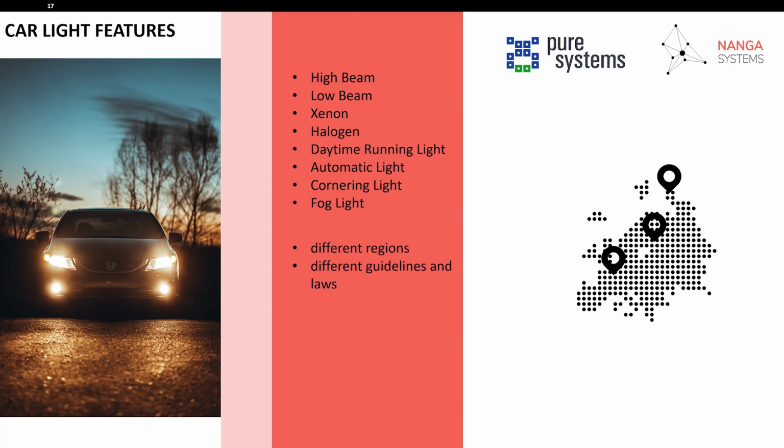Maybe we have different regions, or different guidelines and laws we need to fulfill with our product. So this is the example used in all the previews in the Codebeamer area we will see.